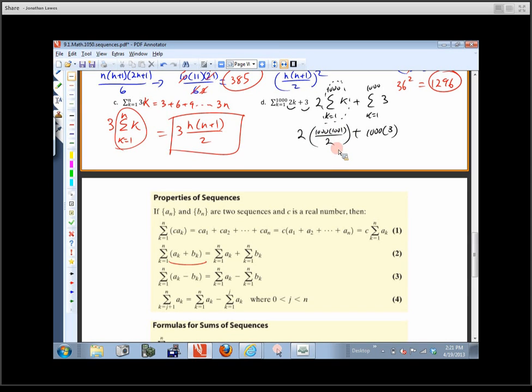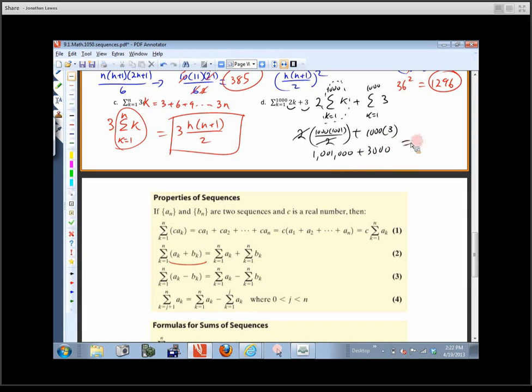And then let's do the arithmetic. Cancel here and here. This is going to be, let's see. Yeah, we're going to get 1,000,000. That's what it is. Plus 3,000.